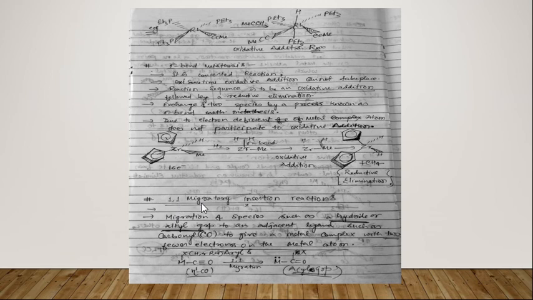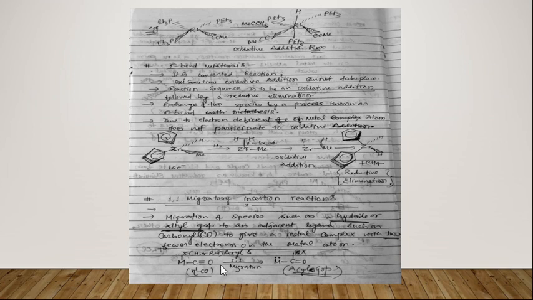Another reaction is the migratory insertion reaction. In migratory insertion, species such as a hydride or alkyl group migrate to an adjacent ligand such as carbonyl CO, to give a metal complex with two fewer electrons on the metal atom.